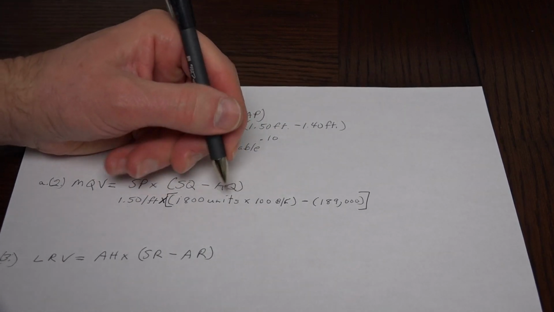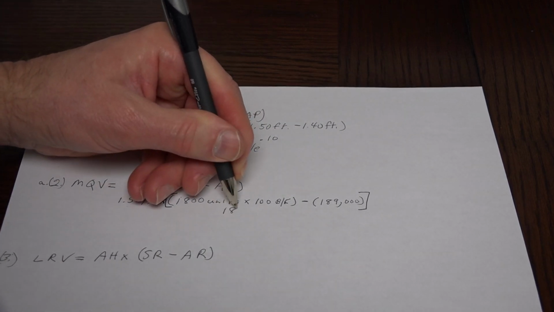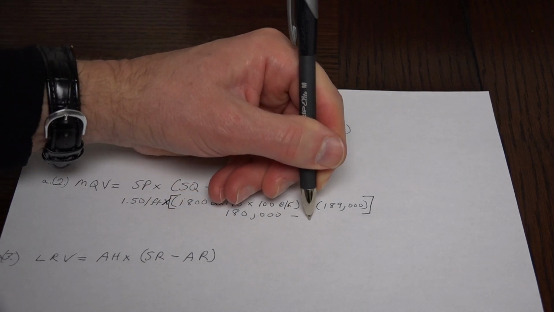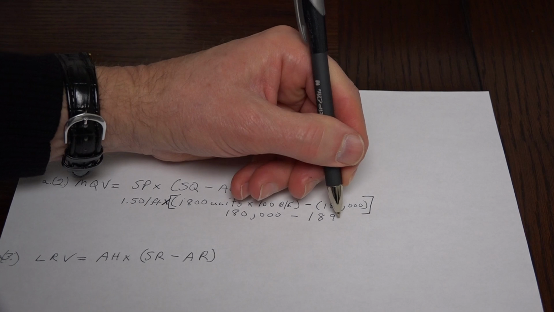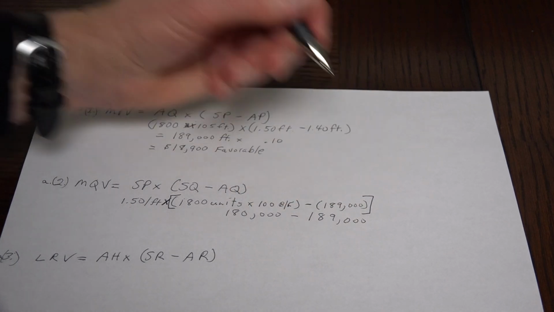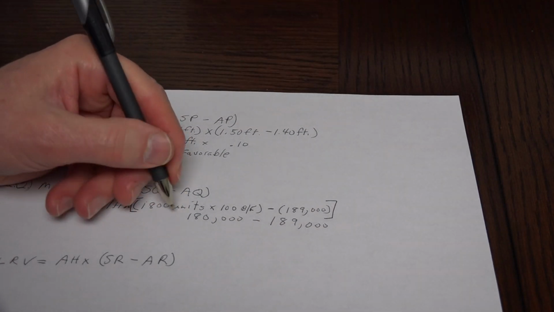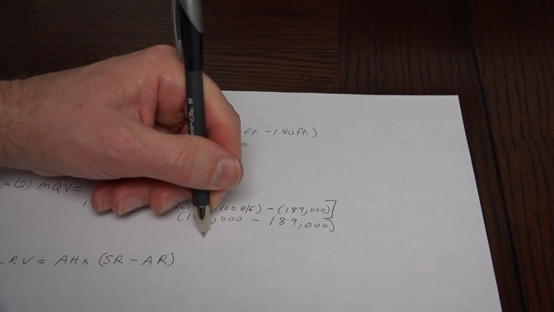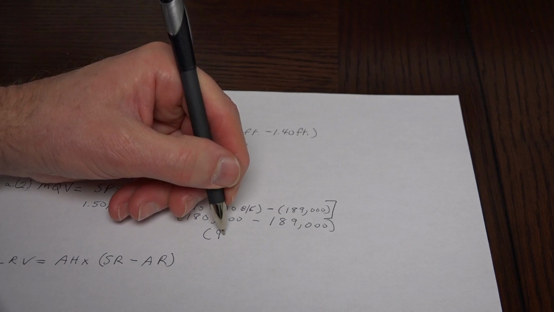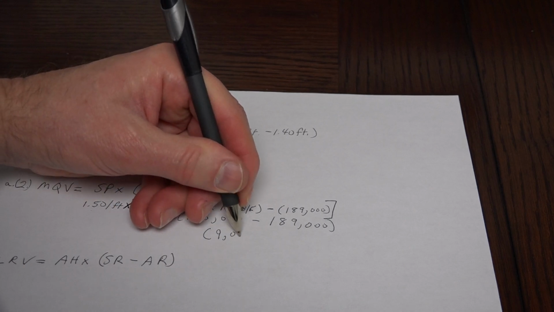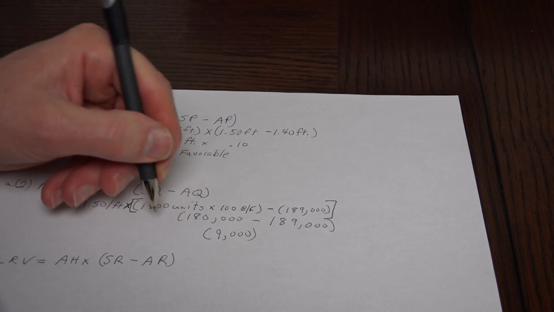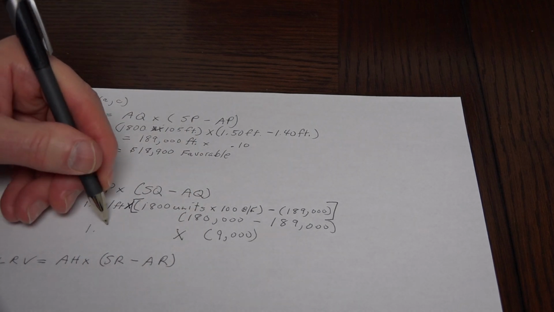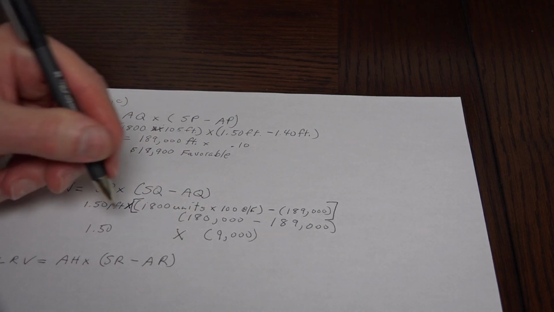So here it's 180,000 minus 189,000, and you're going to multiply, or excuse me, that's a negative 9,000. You're going to multiply that times the 150 per foot.